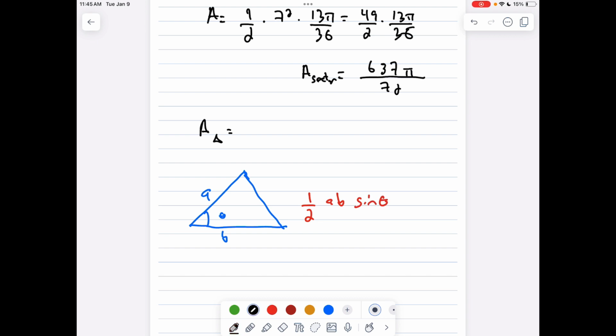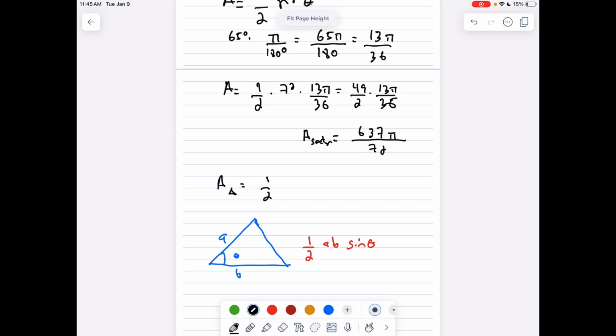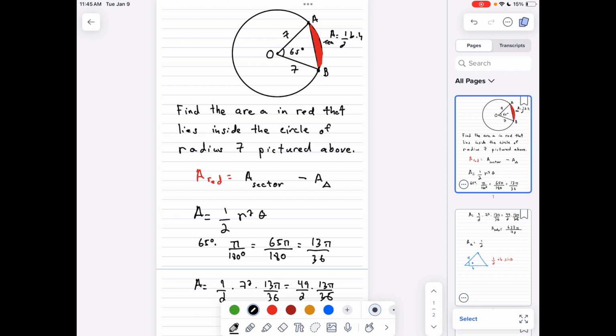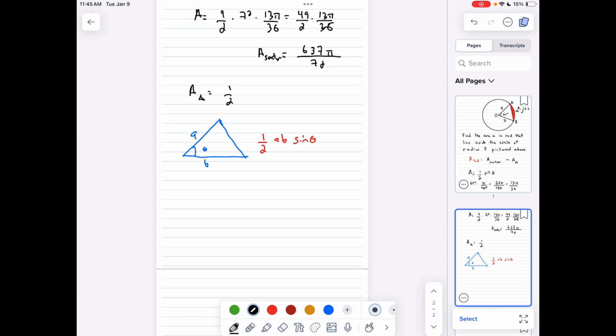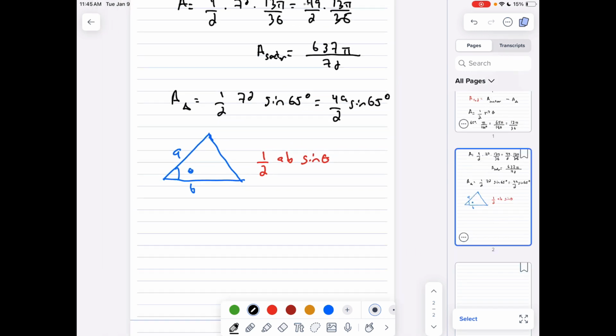So in our case, going back up to this triangle right here, it would be 1/2, the two sides are 7, they're actually the same, so 7 times 7 times the sine of the angle, so times the sine of 65 degrees. So this would be 49 over 2 times the sine of 65, and I don't need to do any conversions here, by the way, in terms of radians. That's how this would work out.